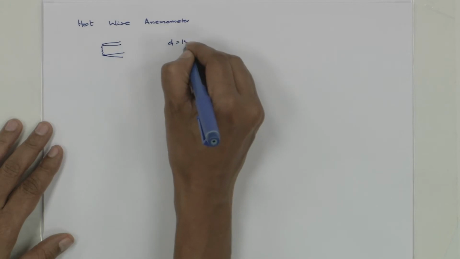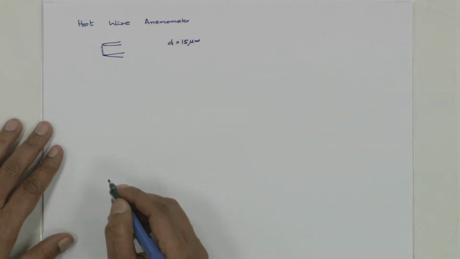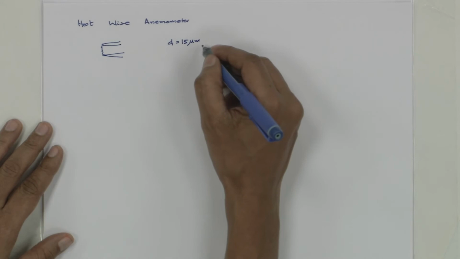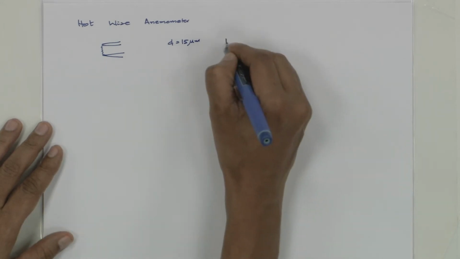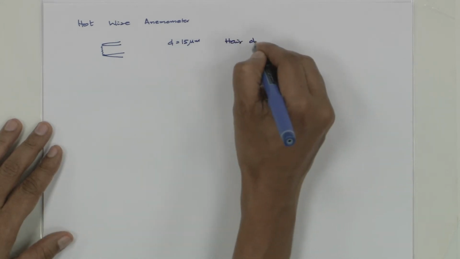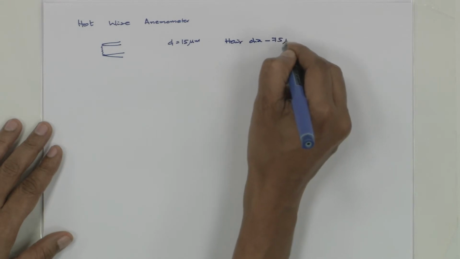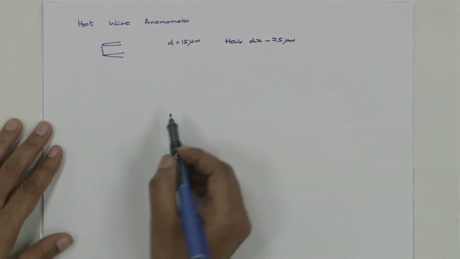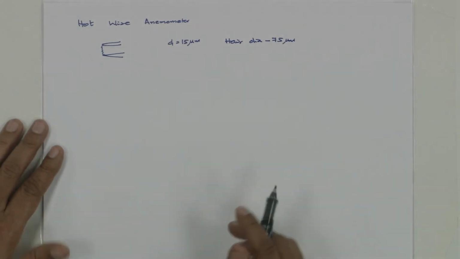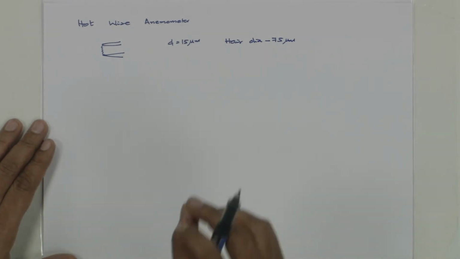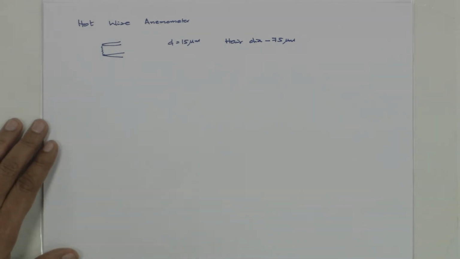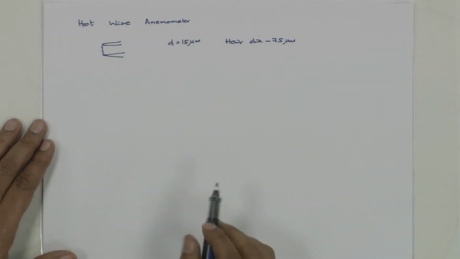The diameter of the wire is 15 micrometer. To give a feel for what 15 micrometer means, our hair diameter is roughly 75 micrometer. So the hot wire is 5 times smaller than the diameter of the hair. That means so small it is. In fact, you will have to hold this up to the tube light to see it.